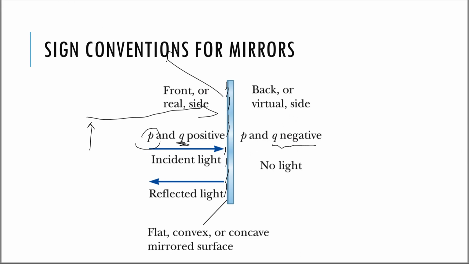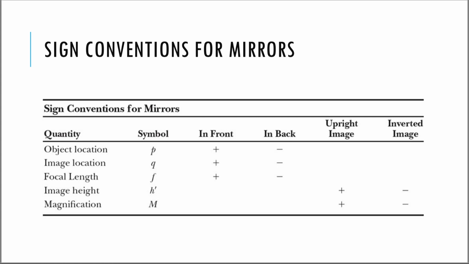And then the only other sign conventions are for the focal length. If the focal length is in front of the mirror, that's positive. If it's in the back, that's negative. We talked about the concave mirrors, and those had the focal length in front, so that would be positive for concave.